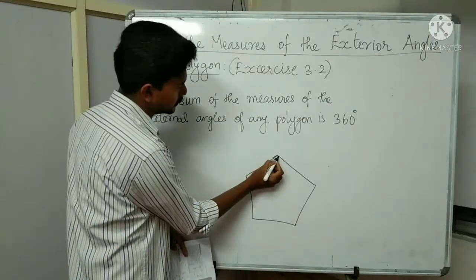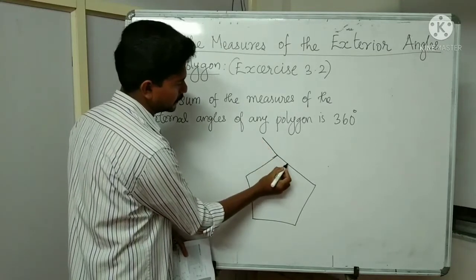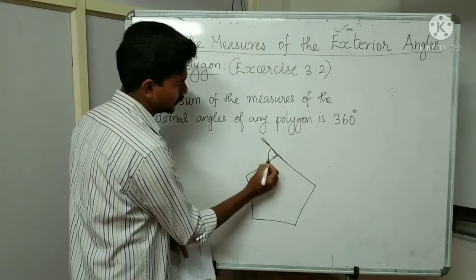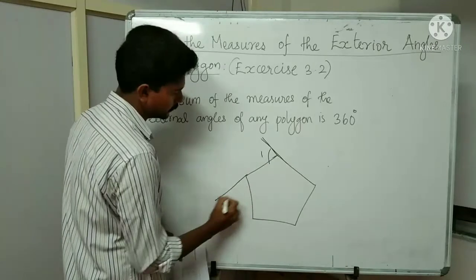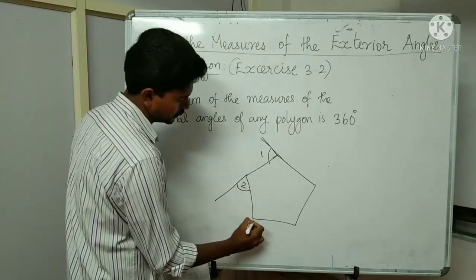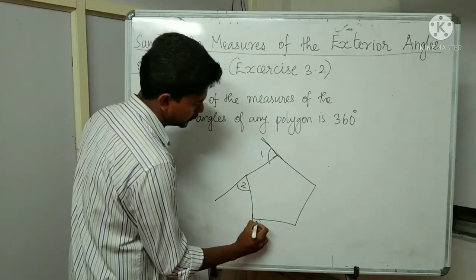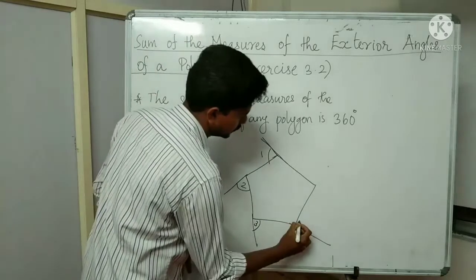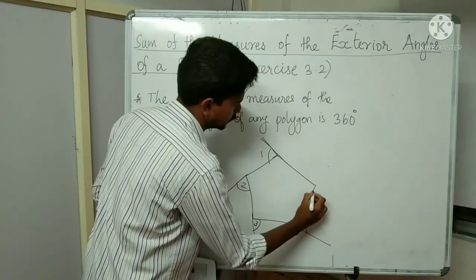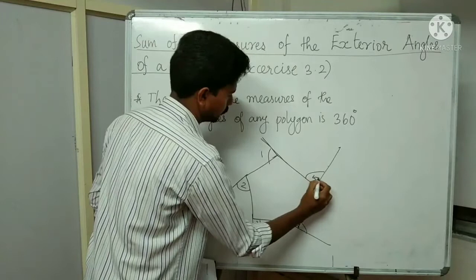Okay, so what is meant by exterior angles? When we extend this line, we can take this angle as angle 1. This we can say as angle 2. We can extend this one, angle 3. Extend this, this is angle 4, and we can extend this one, angle 5.